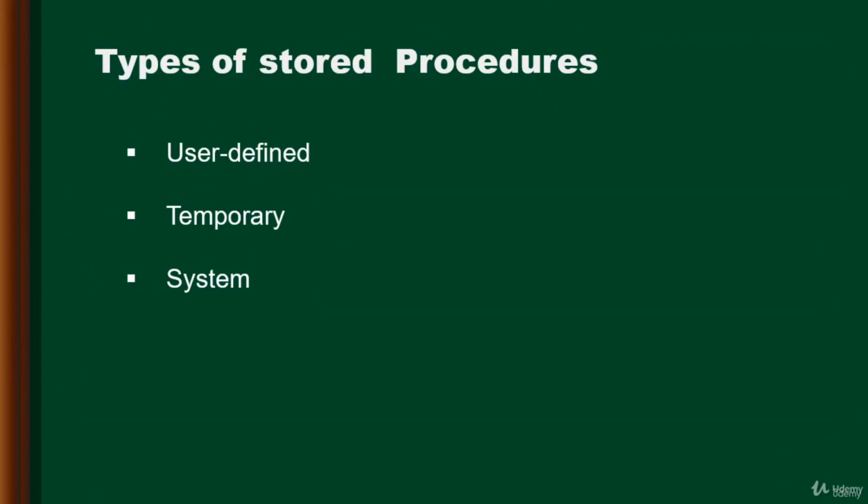We also have the extended user-defined stored procedure. These basically enable the creating of external routines in a programming language such as C, and these procedures are basically DLLs that SQL Server can load in a dynamic way. So these are some of the key types of stored procedures.